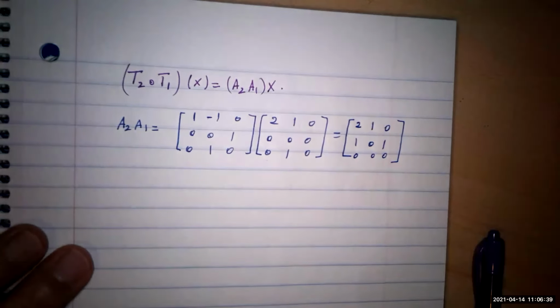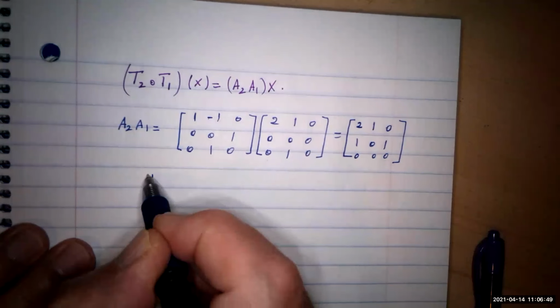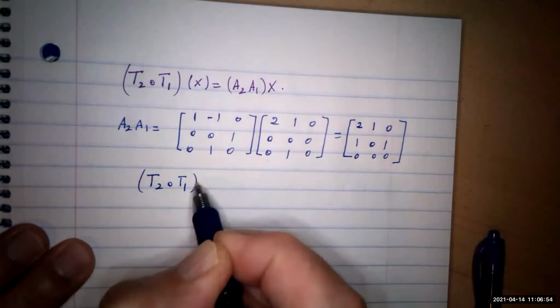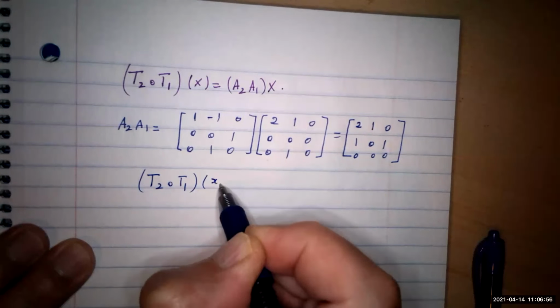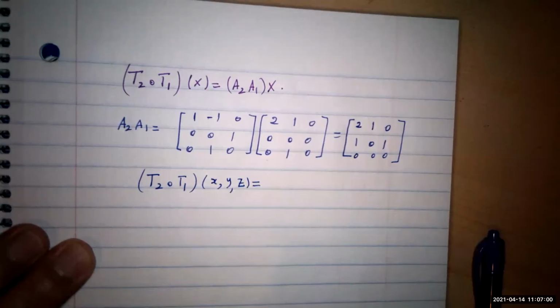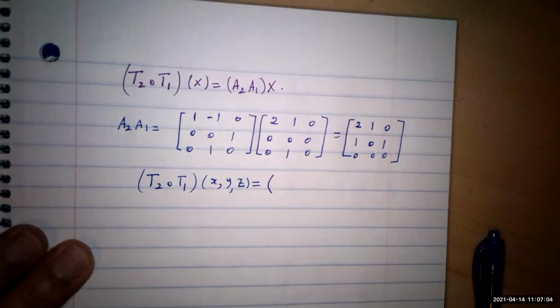So that's A2 A1, the matrix of T2 of T1. Now we are ready to give you T2 of T1. If you want to write the formula, T2 of T1 at (x, y, z) is going to be equal to, just changing this matrix back into the system of equations.